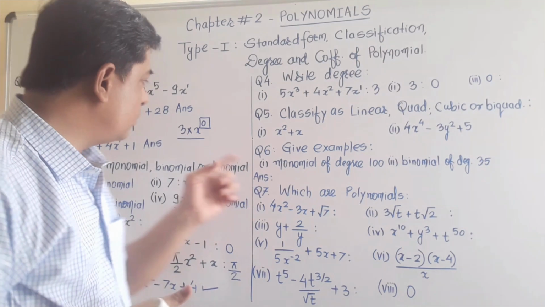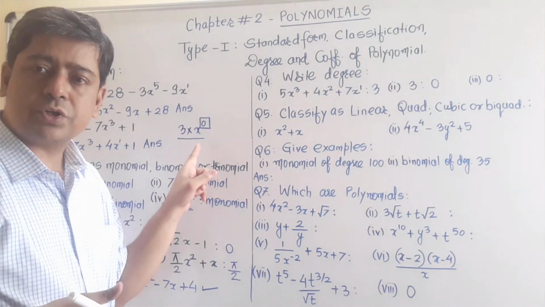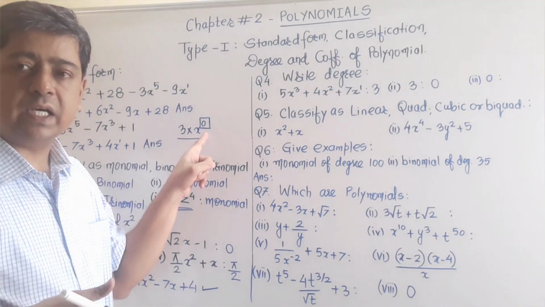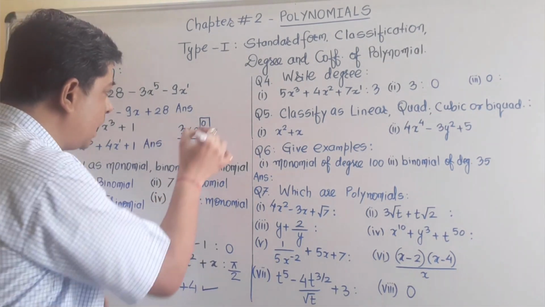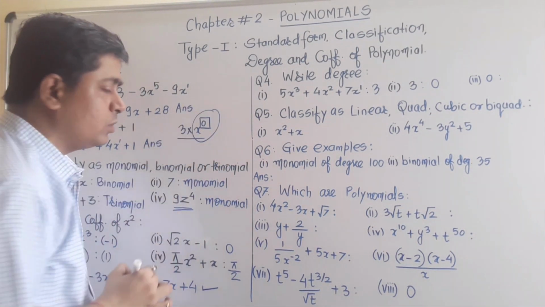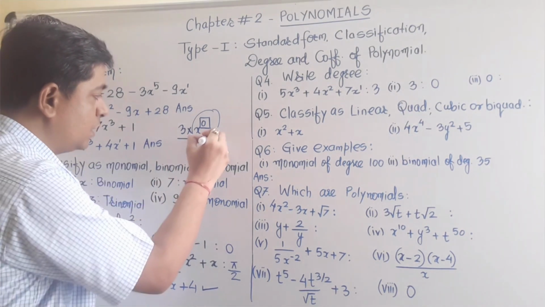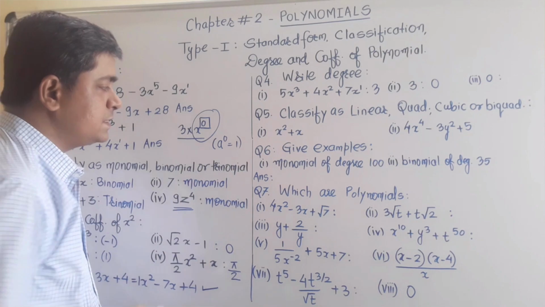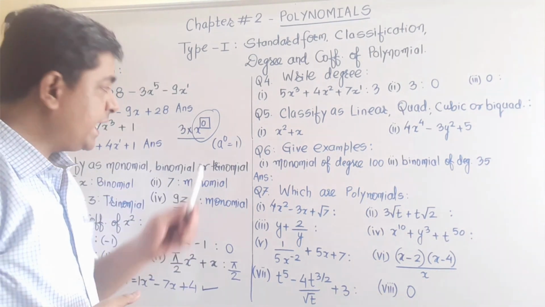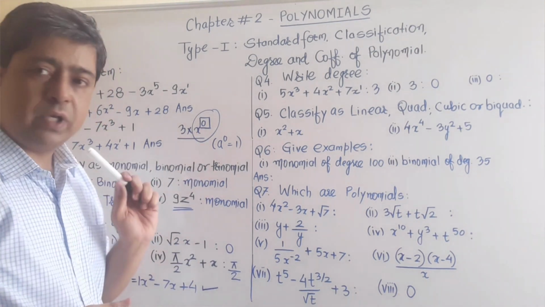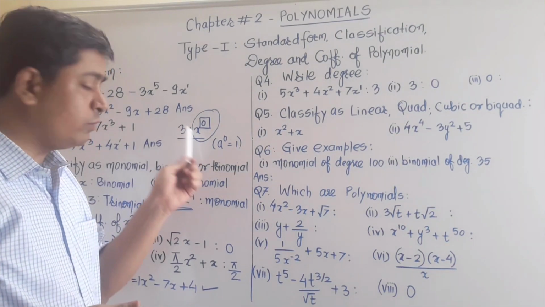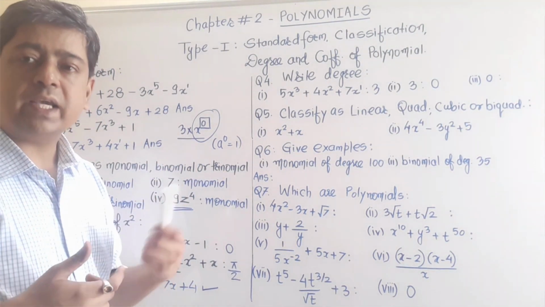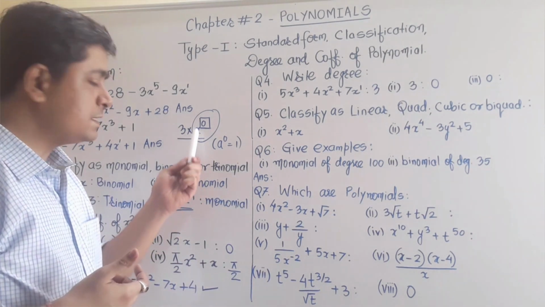Only one variable is given in this part, and that variable's power I can take as 0. I can write x to the power 0 in the multiplication of 3 with the help of the formula a to the power 0 is always equal to 1. So any term having the power 0 will be equal to 1, and 3 into 1 will be again 3. So in place of 1 I can always take the term x to the power 0.